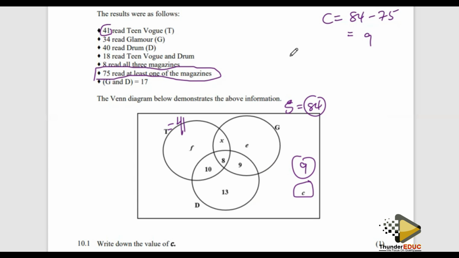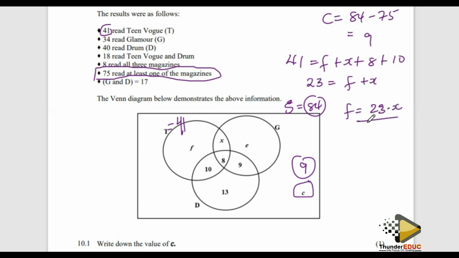So I'll say 41 is equal to F plus x plus 8 plus 10. So that is 18. So 41 minus 18, I'm getting 23. So 23 is equal to F plus x. Then make F the subject. So it's 23 minus x. So that's my F.